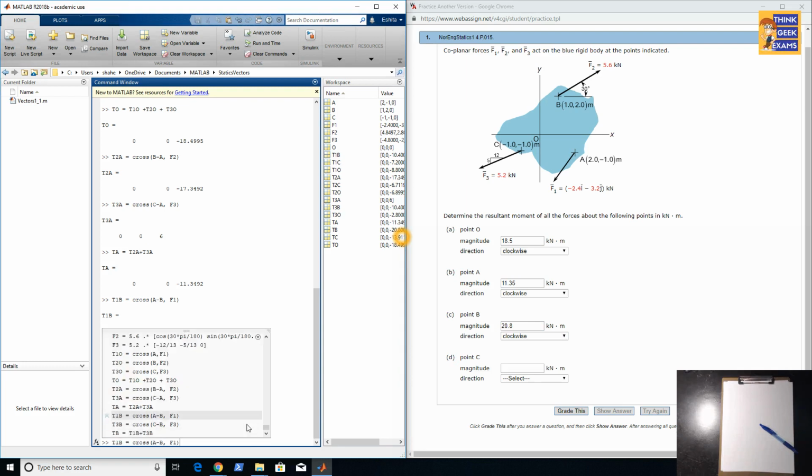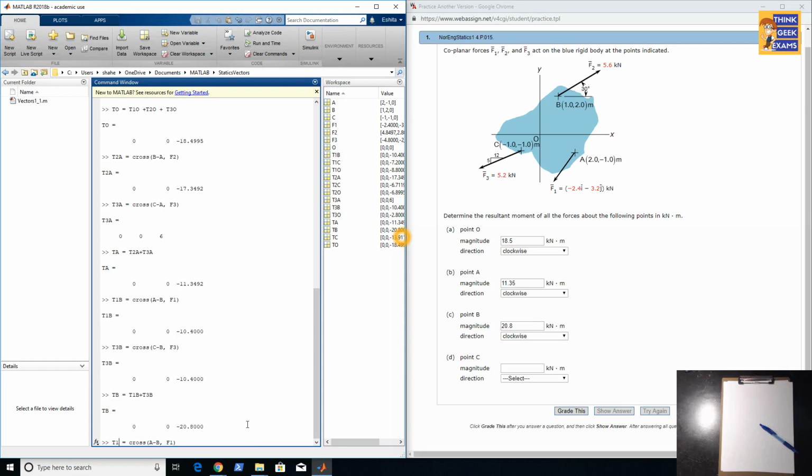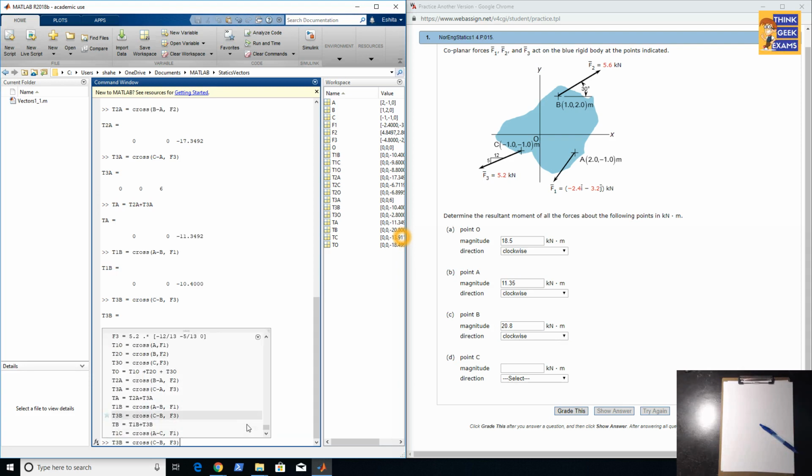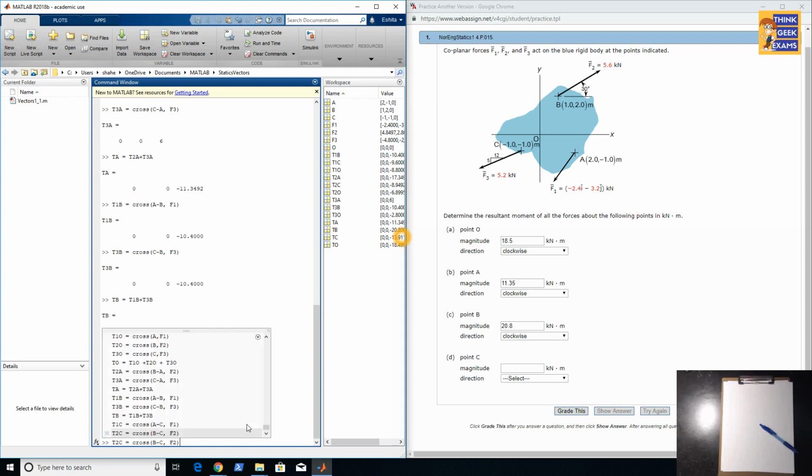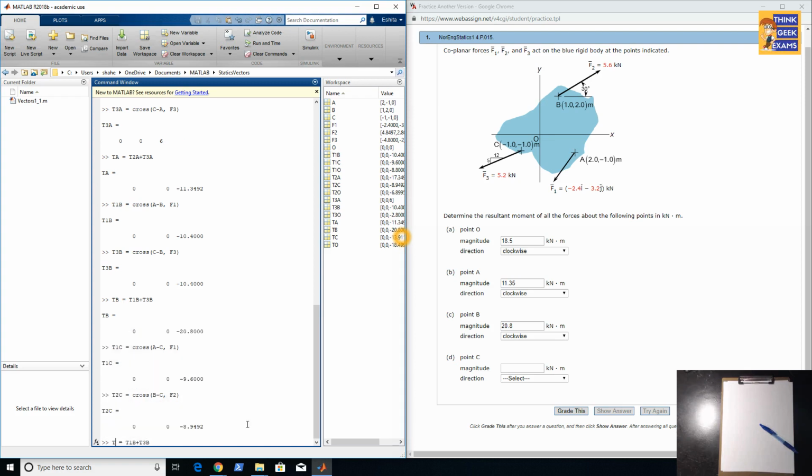Next is T1C, A minus C, and T2C, and this is B minus C and F2, and TC equals T1C plus T2C.